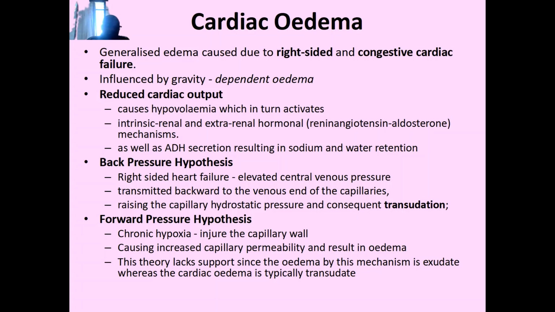And also in this case, the capillary wall damage can start activating what we call the coagulation pathways, the intrinsic pathway of coagulation. So this causes increased capillary permeability and results in edema. This edema, by this mechanism, is exudative, whereas cardiac edema is typically transudative.